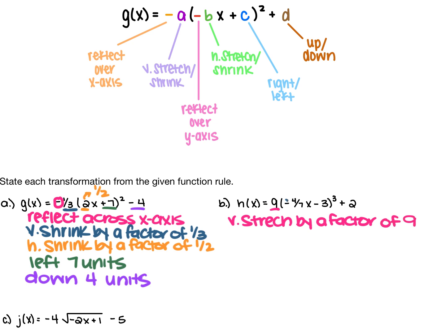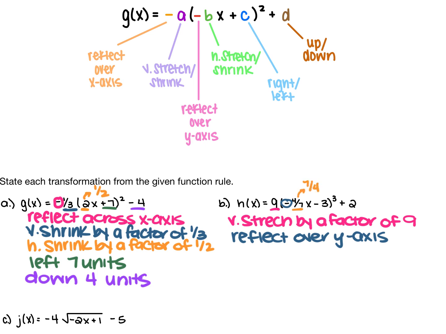Next, we have the negative that's inside the parentheses, so we have a reflection horizontally. So that means that this reflects over the y-axis. Then we look at the 4/7. It becomes 7/4 since we take the reciprocal of that number.